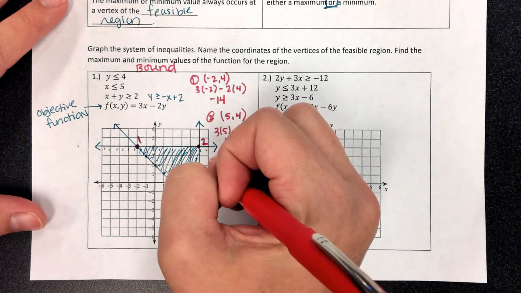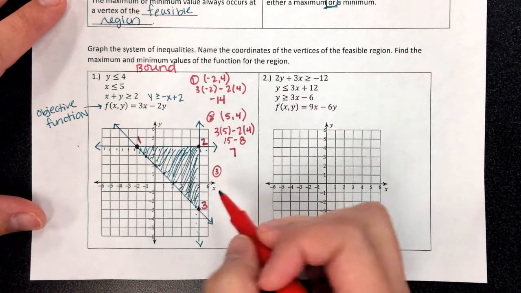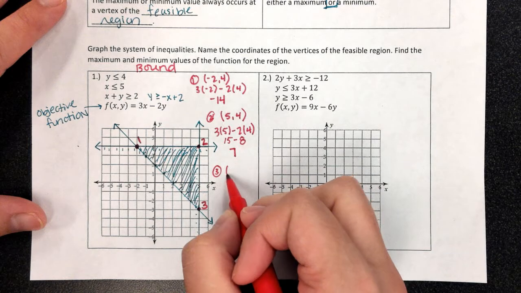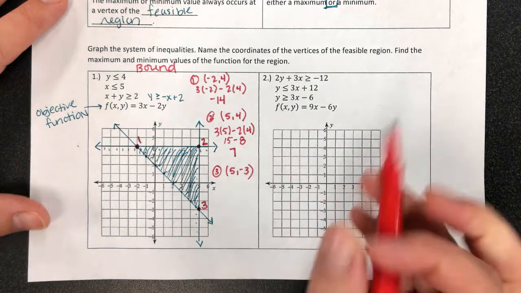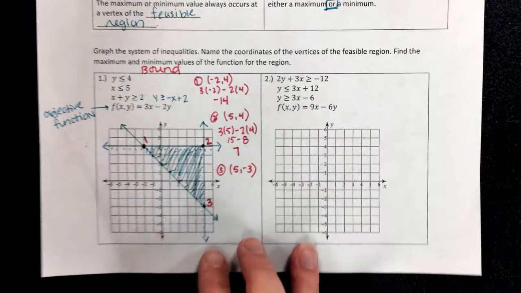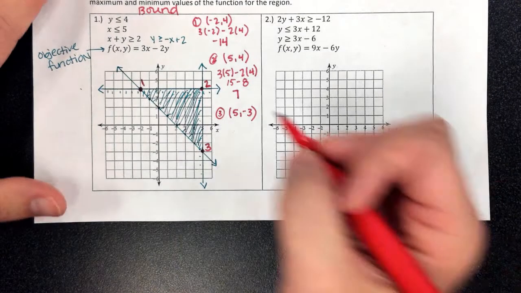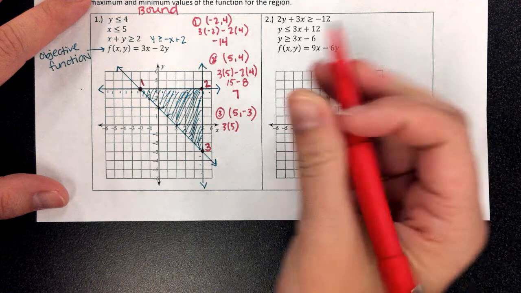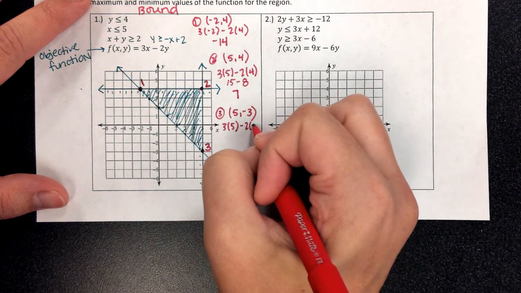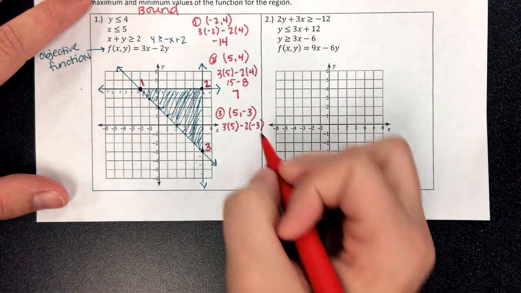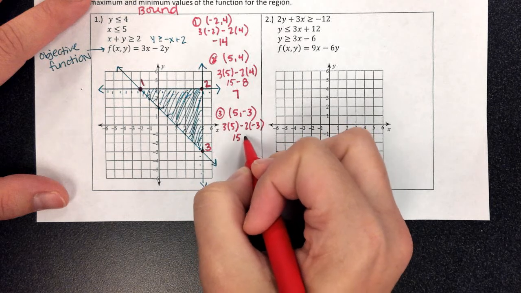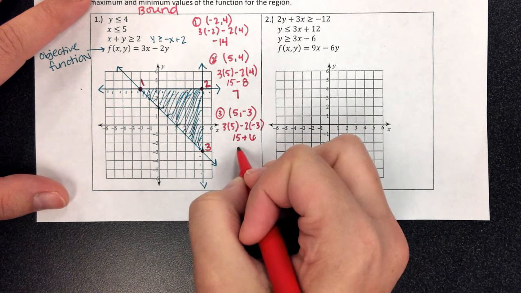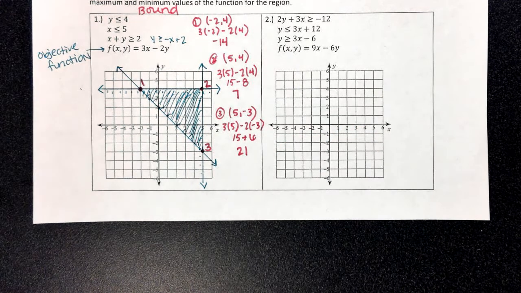And then we're going to go try point number 3, which would be 5, negative 3. Can y'all see it all still? So then I'm going to have 3 times 5 minus 2 times negative 3, which would be 15 plus 6, which would give me 21.